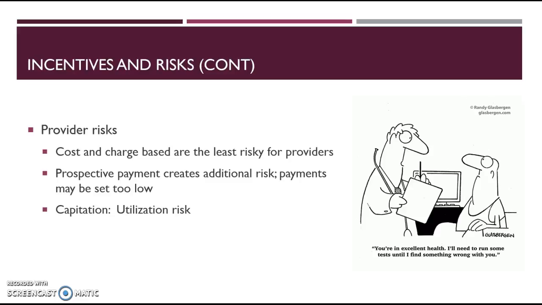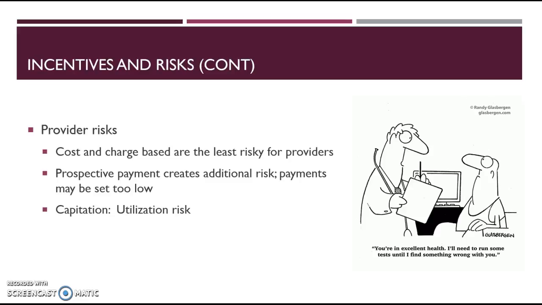Under capitation, there is some risk as well. Providers assume what they call utilization risk under capitation, as well as some of the ones we've already talked about. But the assumption of this utilization risk has traditionally been on the insurance company rather than the provider.